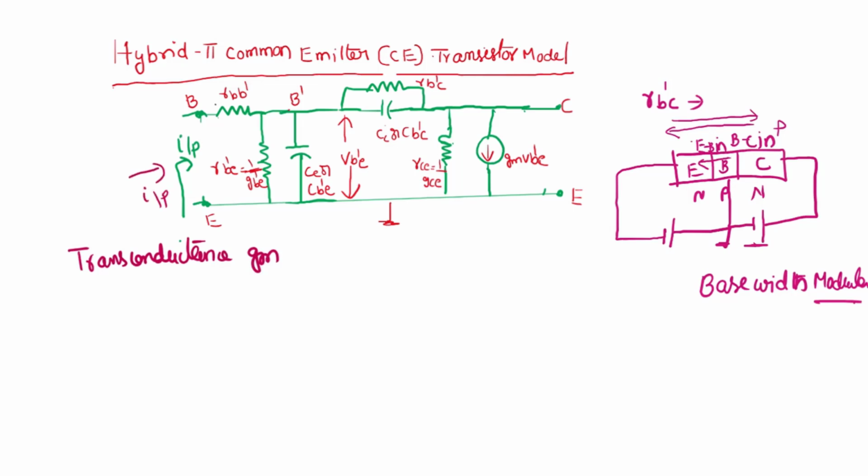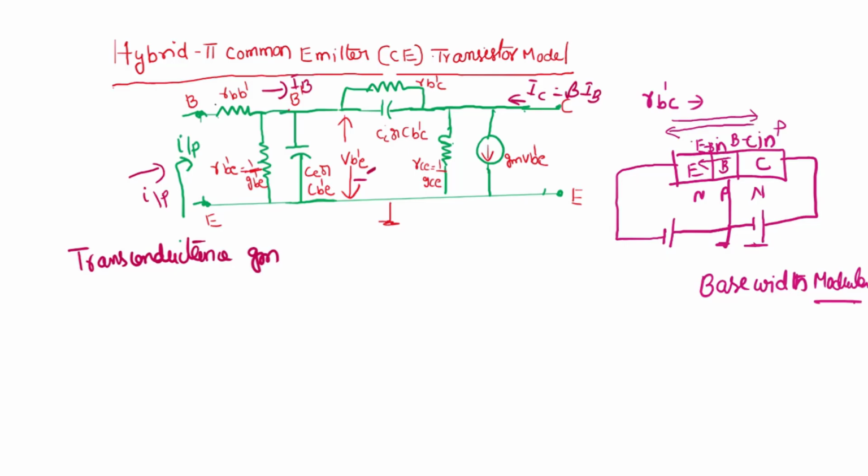That VB'E creates a base current. This base current will create a collector current because IC is equal to beta IB. So IC depends on IB, which depends on VB'E.